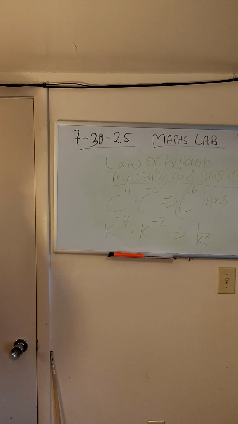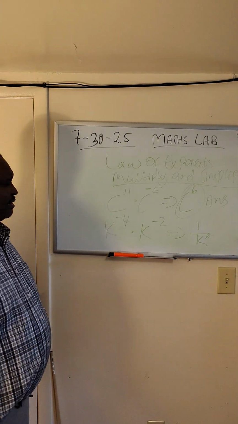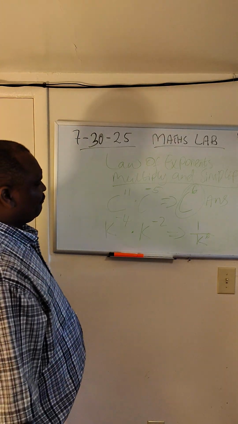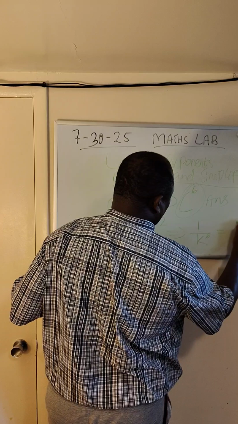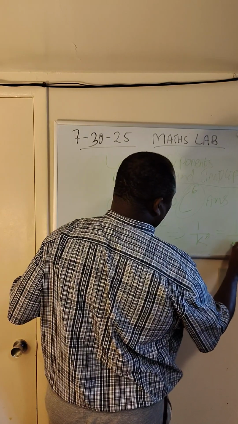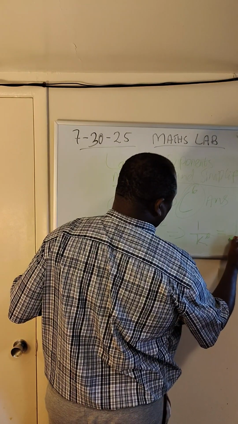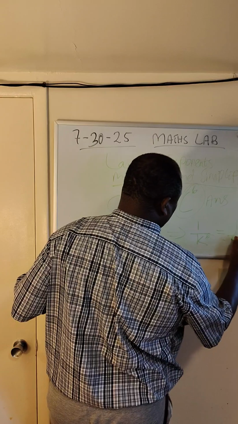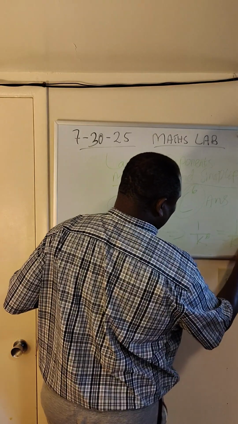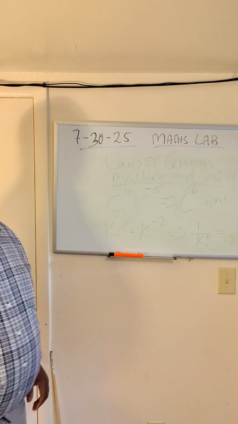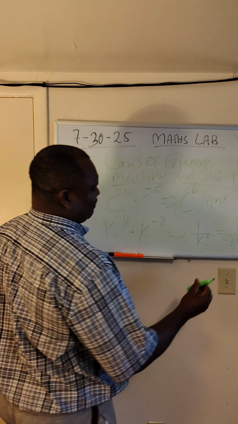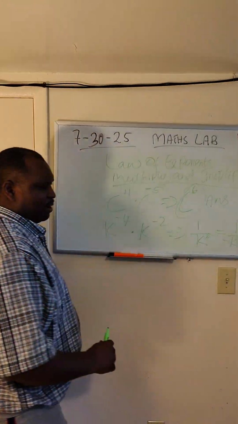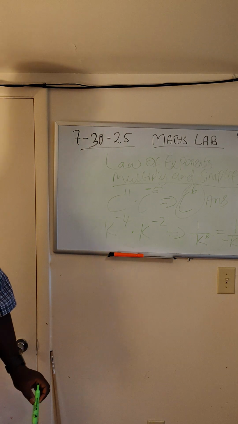Therefore, our final answer becomes 1 over k... I'm not sure where the negative sign goes. So the negative sign is going to be negative 1 over k raised to the power of 6.